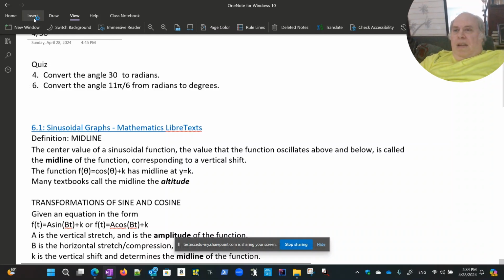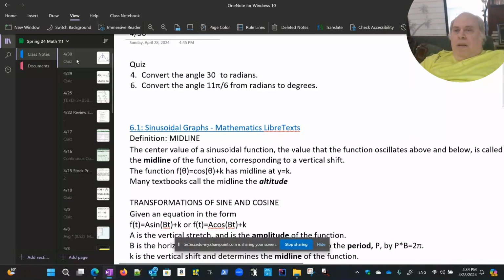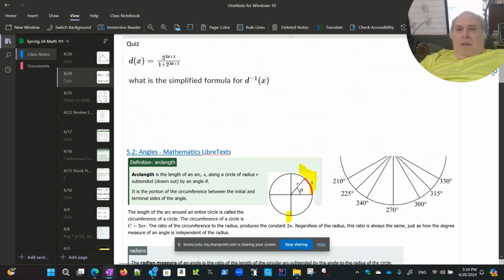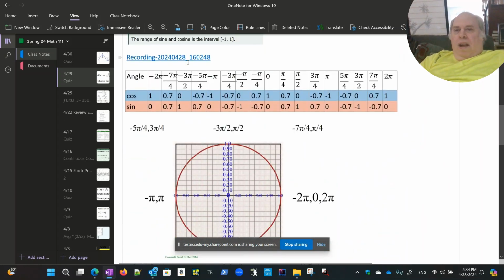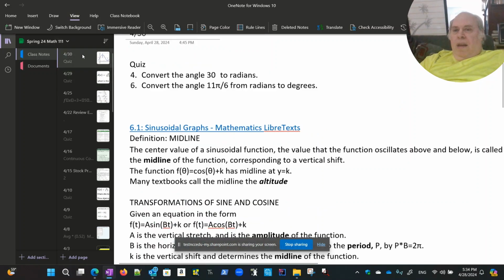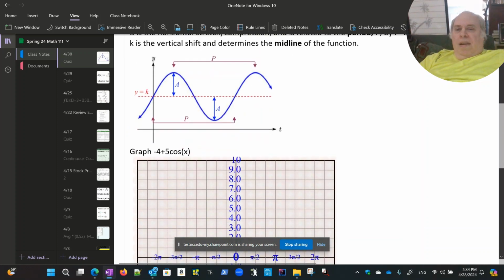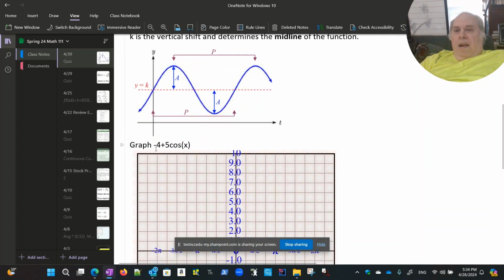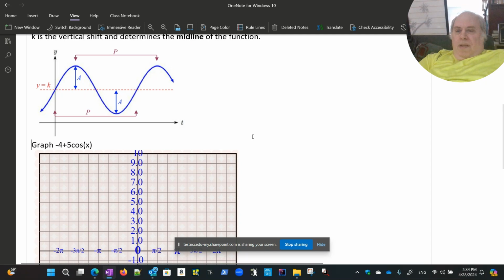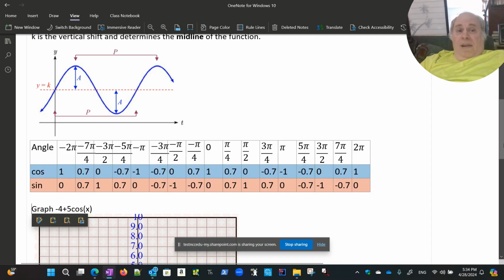So I'm going to go back to yesterday's notes. Remember I built up this table of how sine and cosine works. I'm going to grab this table again and copy it into the notes for today so that we have it available. I'll put the table right over here.